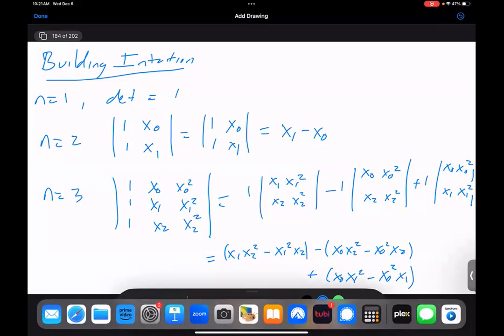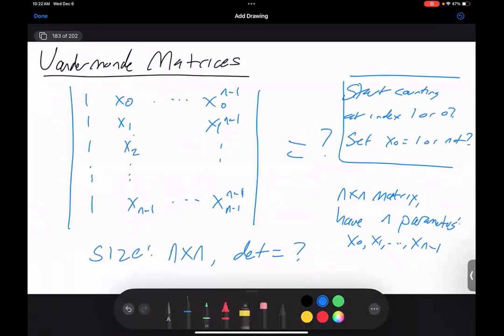I think the top row was all ones, because x naught was one. Right, but you said you had the top column and the top row. Well, what you can do is view the ones as just everything to the 0th power.